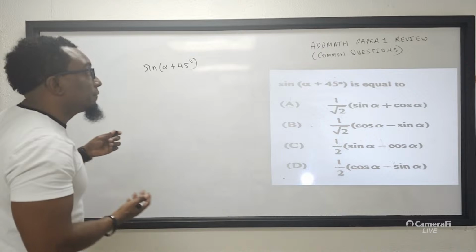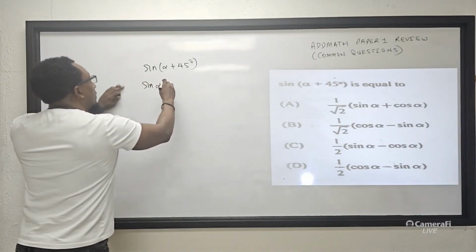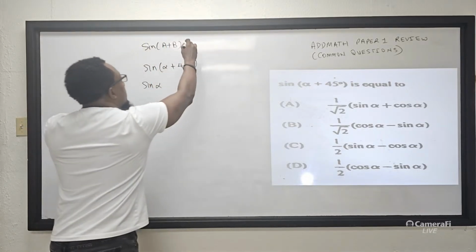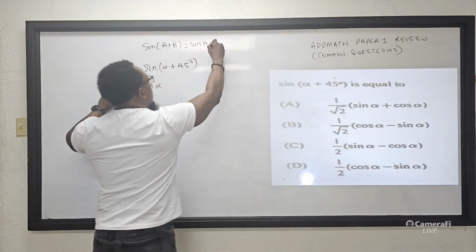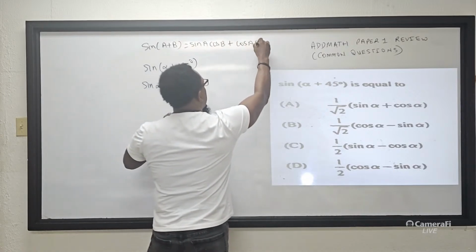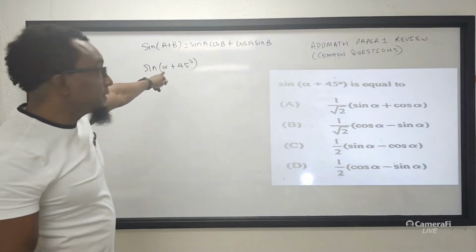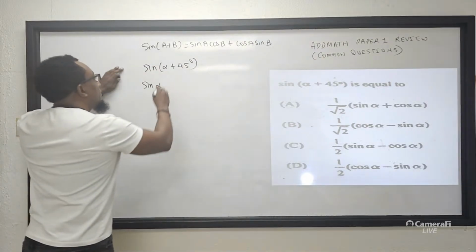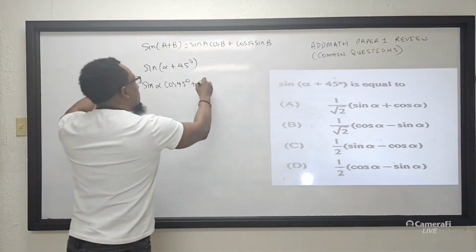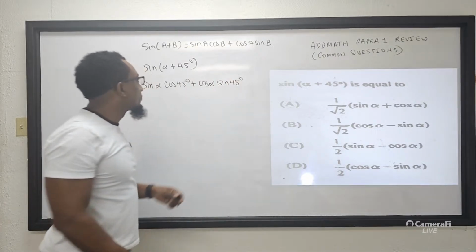Let me write it like this first: sine of A plus B is equal to sine A cos B plus cos A sine B. So we're applying that same formula to this. This is sine alpha cos 45 degrees plus cos alpha sine 45 degrees.